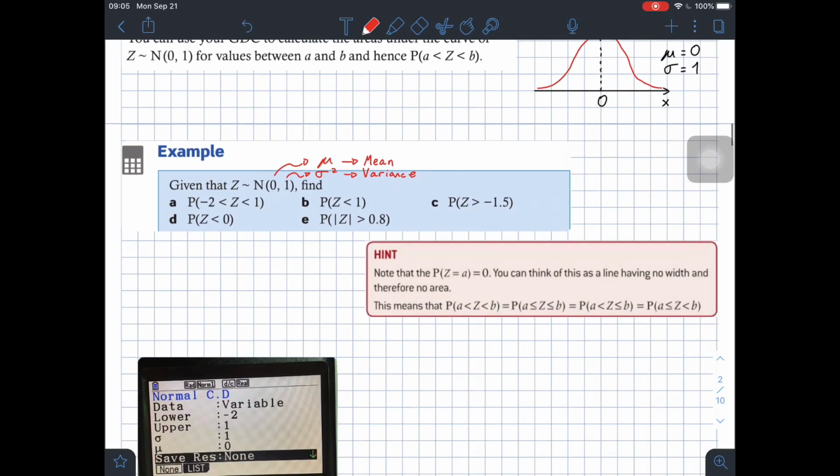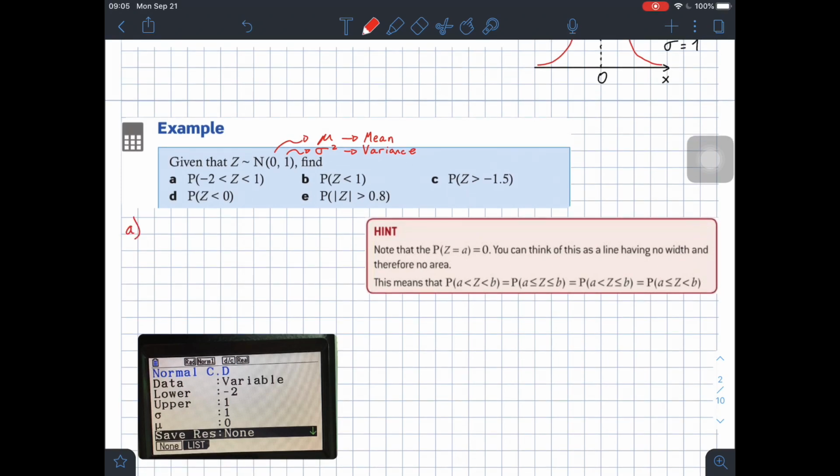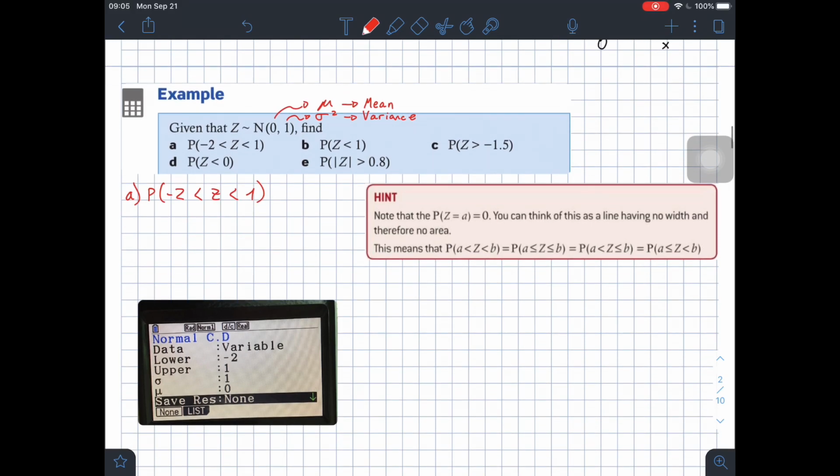Okay, so how do we find the probability of C being in between -2 and 1? Okay, the first thing that you need to understand when solving these types of exercises, let me write this down, probability being between -2 and 1. It's better if you make a quick sketch first of all to understand what this is about.